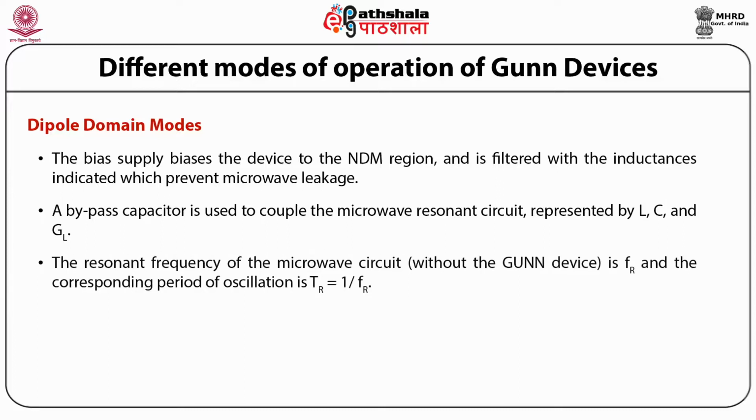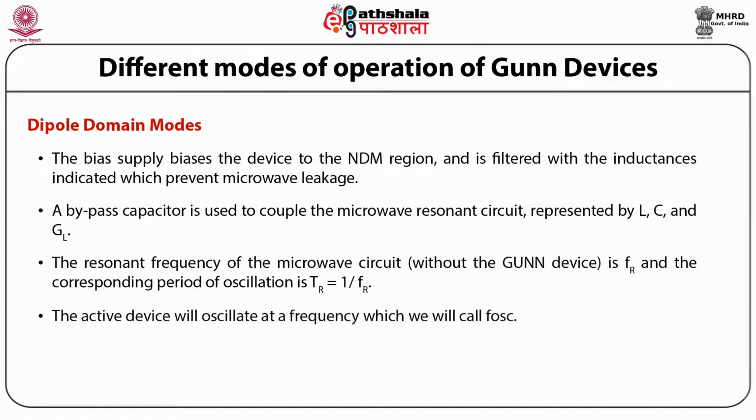So the resonant frequency of the microwave circuit without the Gunn device is Fr and the corresponding period of oscillation is Tr equal to 1 by Fr.